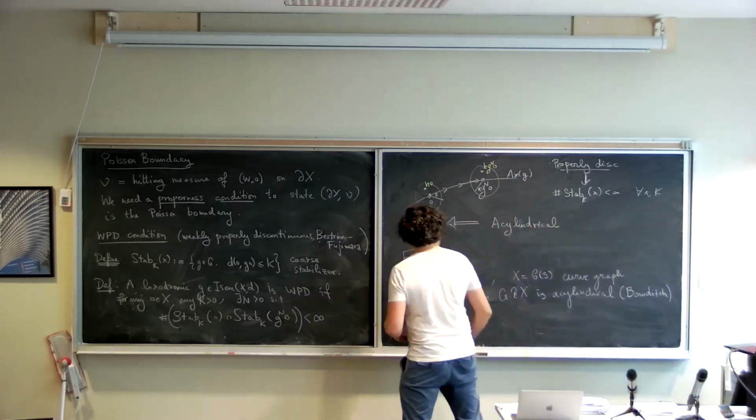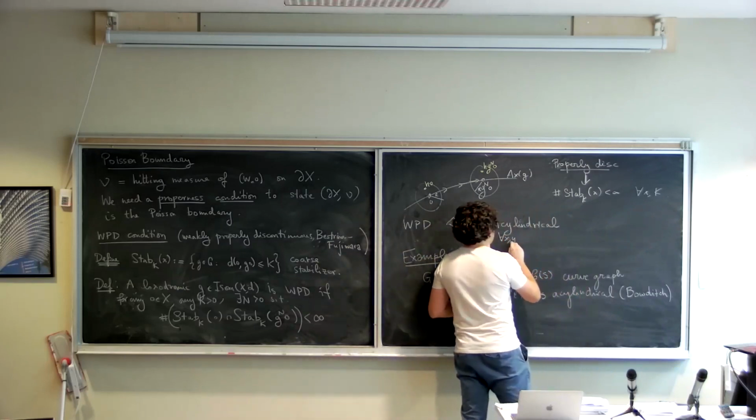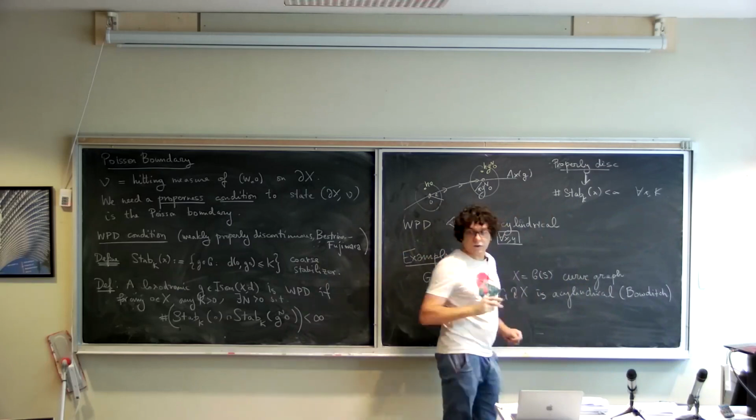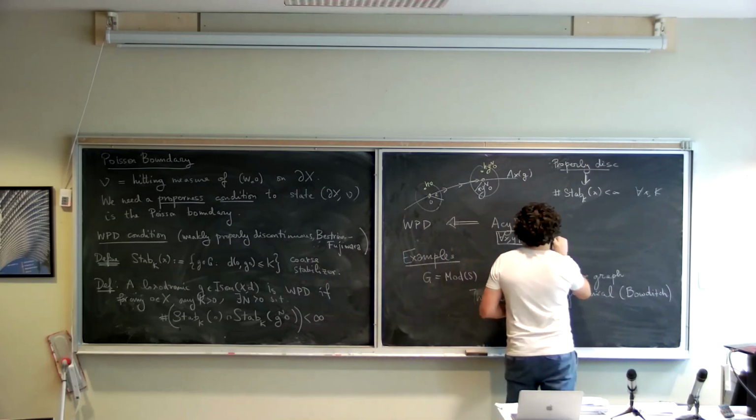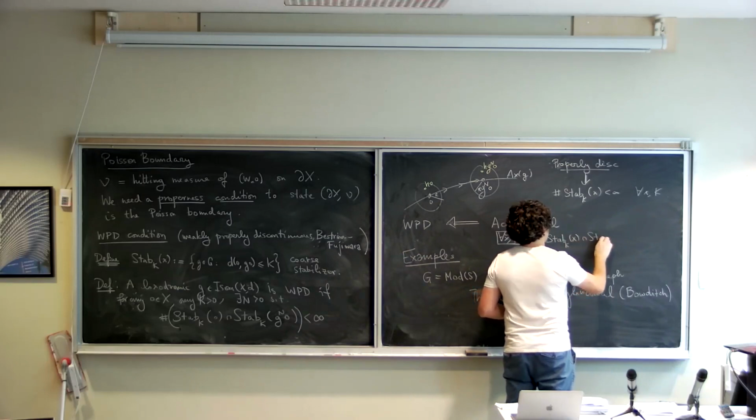So acylindrical means that for any x and y, the coarse stabilizer of x intersect the coarse stabilizer of y.